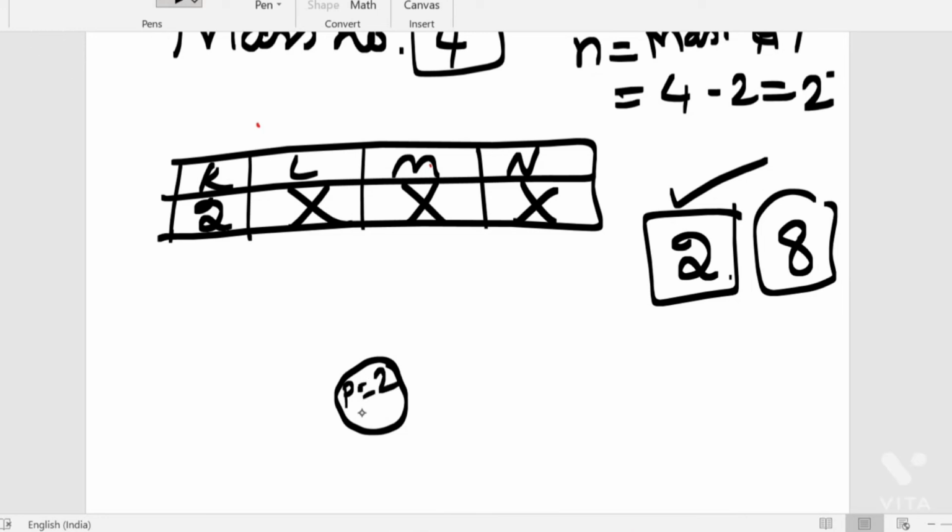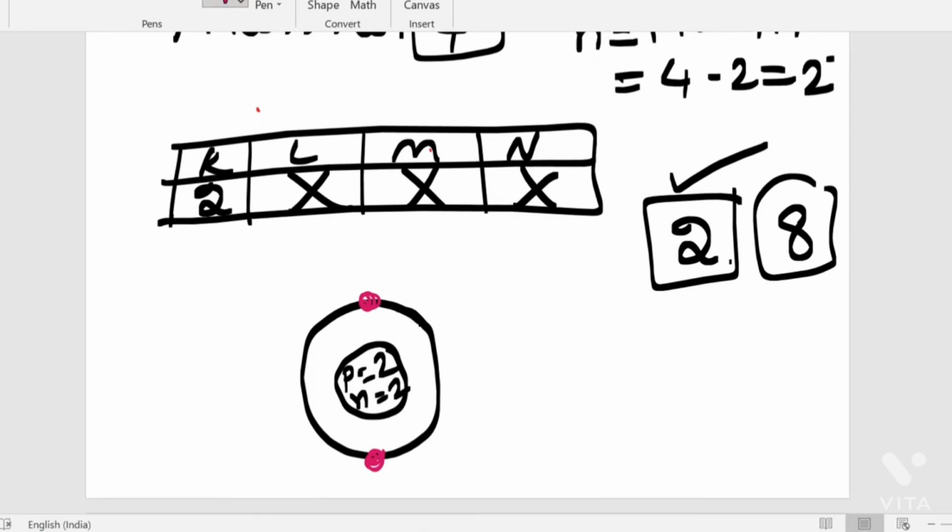The neutron number is also 2 because 4 minus 2. Then I'm drawing the first shell to occupy these 2 electrons. So I'm placing one here, one just opposite like this. So like this helium also I have finished.